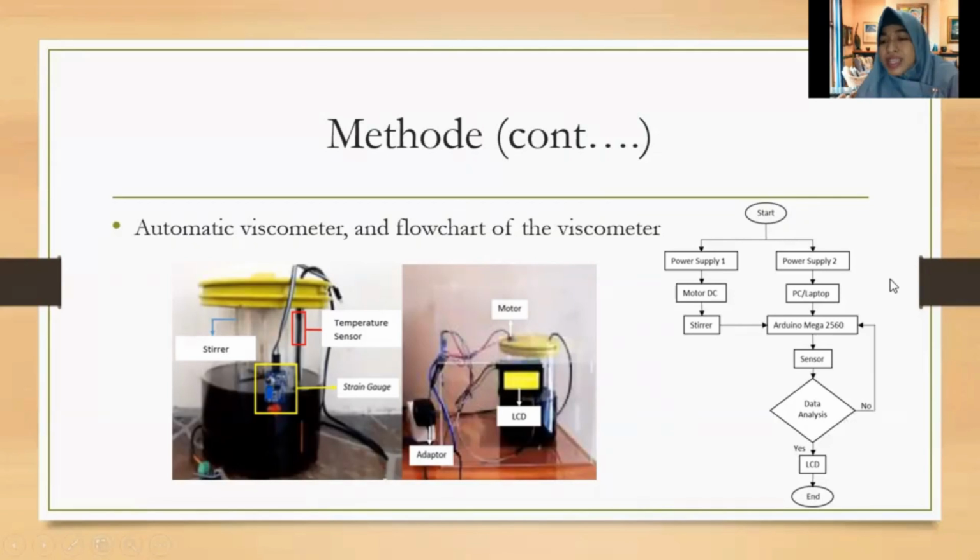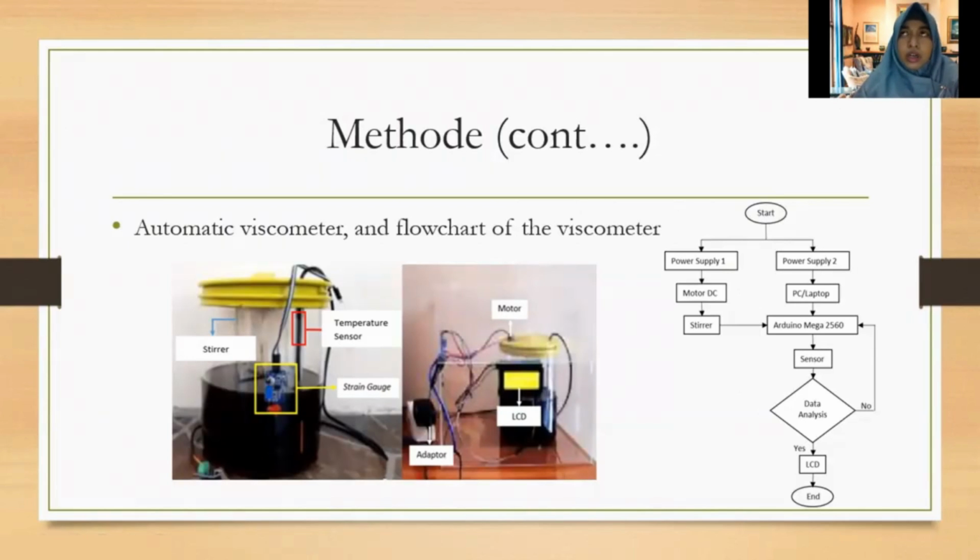The first power supply is a 12 volt adapter, which sends power to the DC gearbox to drive the stirrer. This is the stirrer. Then the second power supply is next.